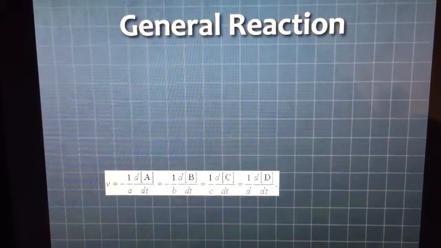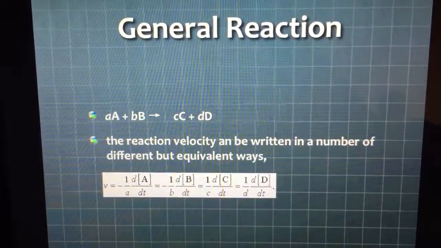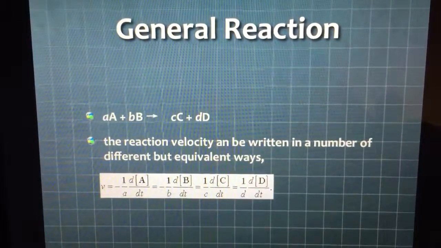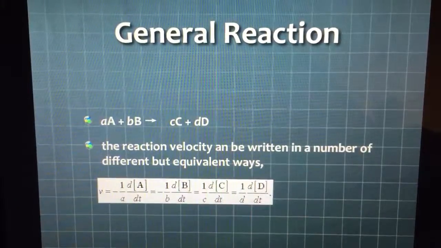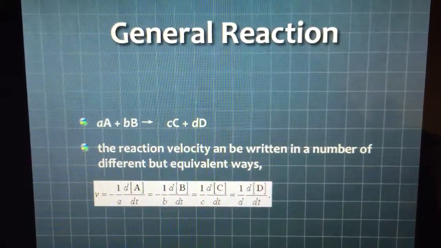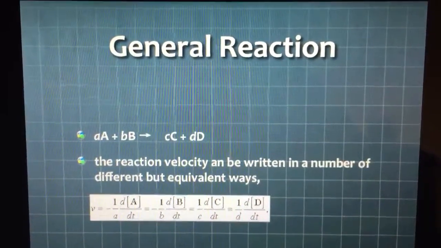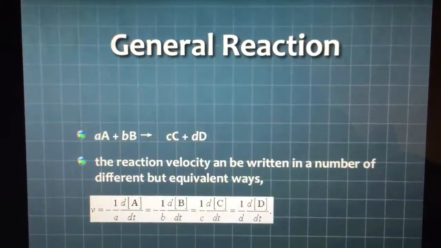Hello everyone, I'm Yuki. The first thing I want to talk about is the general reaction. Look at this formula: aA plus bB equals cC plus dD. The reaction can be written like in the picture.